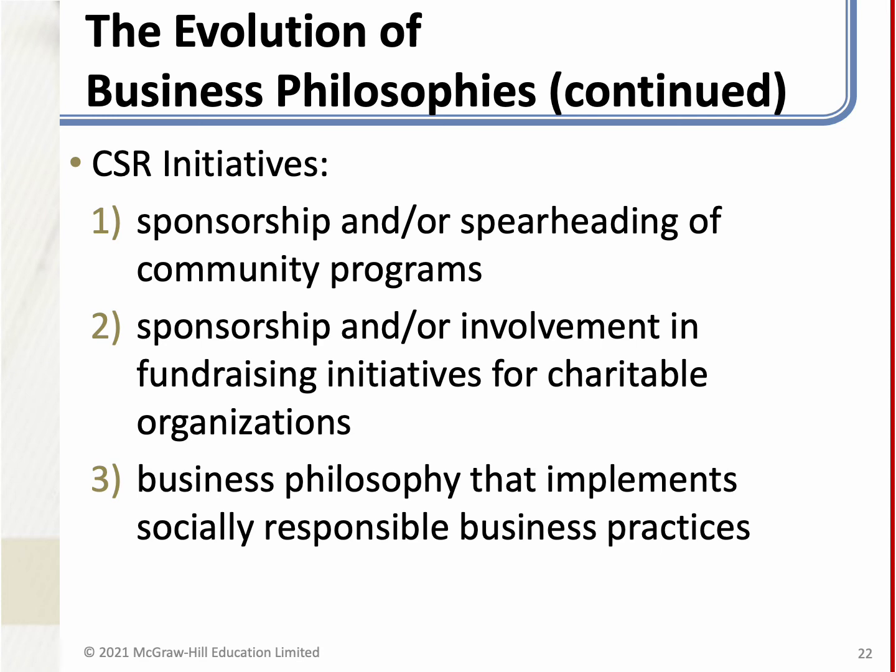An example of number 1 would be them getting directly involved, like maybe Staples giving school supplies for schools in low-income areas. And then number 3, business philosophy that implements socially responsible business practices. There was a really good example of this one.